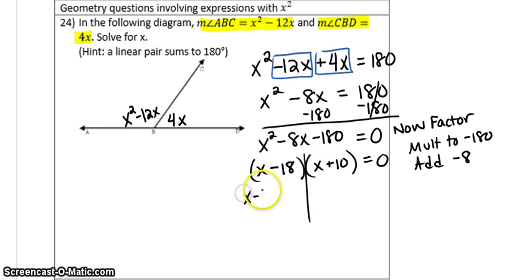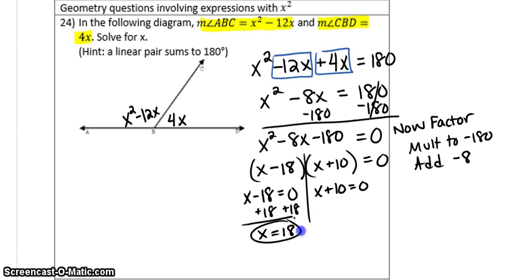That allows me to find my two possible solutions. Either x equals positive 18 or x equals negative 10. Or we may find that both work. In order to determine whether they both work or only one of them works or neither of them work, we have to do some checking.